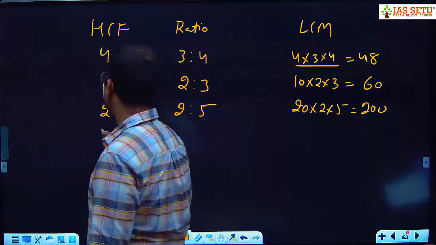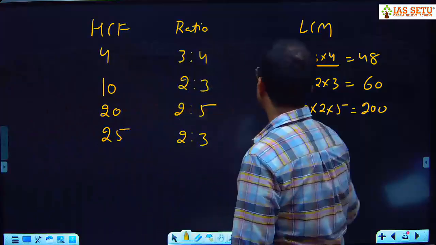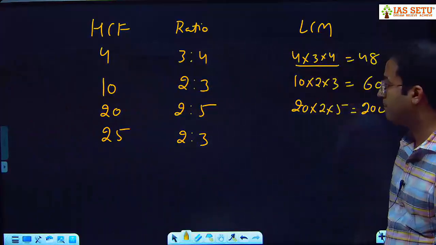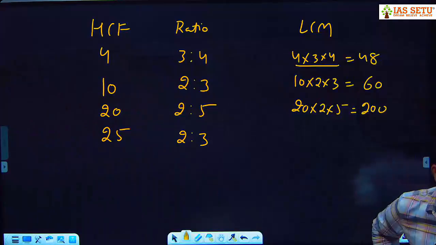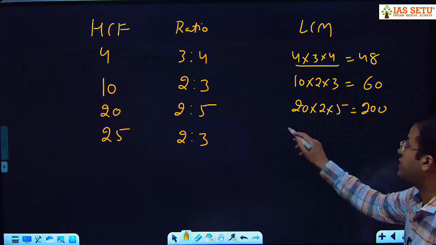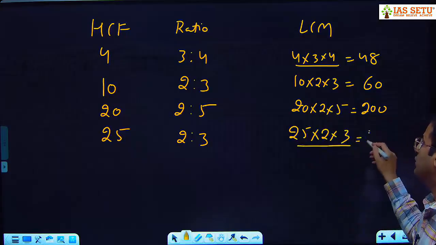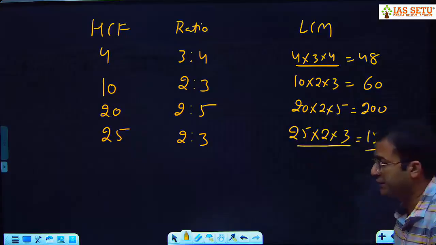Try one question. If HCF is 25, ratio is 2:3, can you find what is LCM? So it is 25 into 2 into 3. So here it is 150.